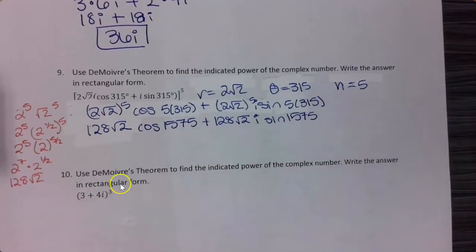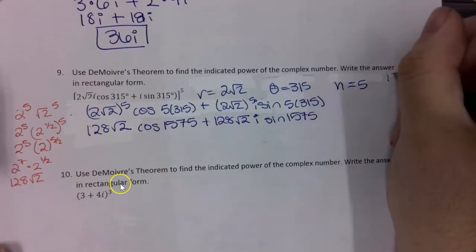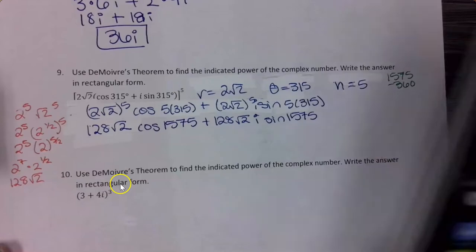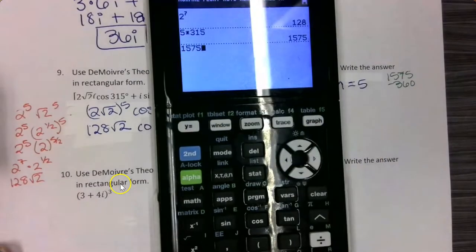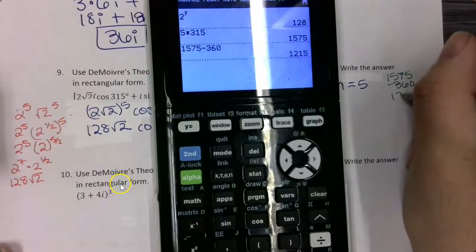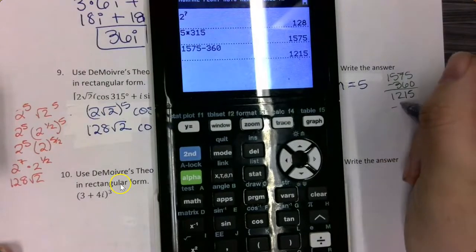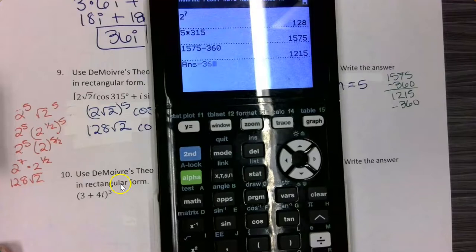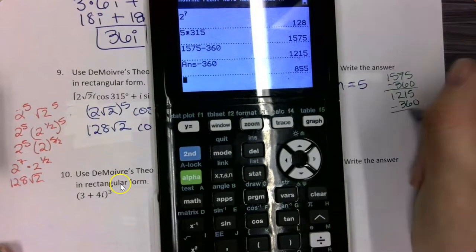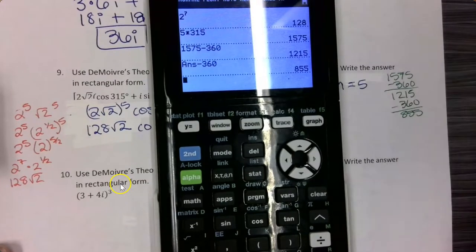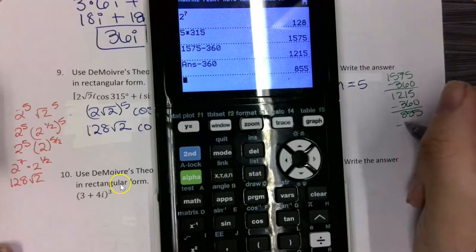So I'm going to figure out my reference angle here. I am going to take 1575 and subtract 360. Which gets me 1215, still larger than 360. So I'm going to go ahead and subtract 360 again. Which gets me 855. Again, still too large, so I'm going to subtract 360.